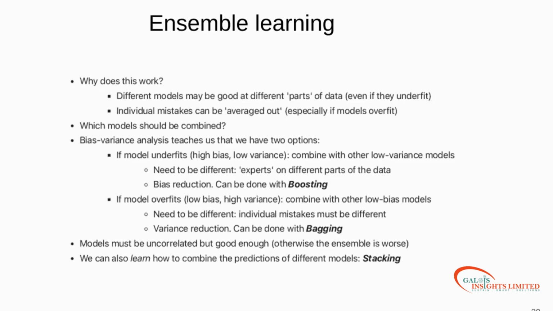The process of reducing the bias in a model is what we call boosting, and the process of reducing the variance in a model is what we call bagging. Stacking is the whole idea of combining these two kinds of models together to get very good accuracy, which I explained earlier on.